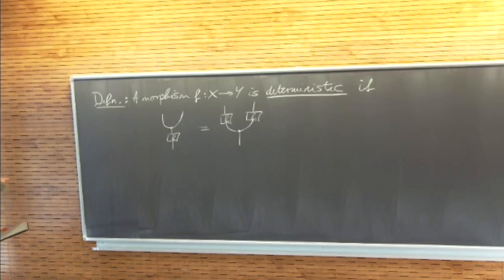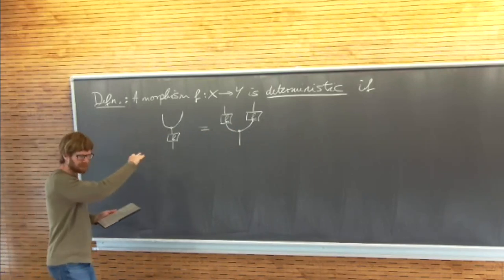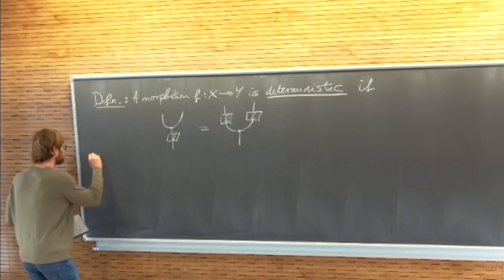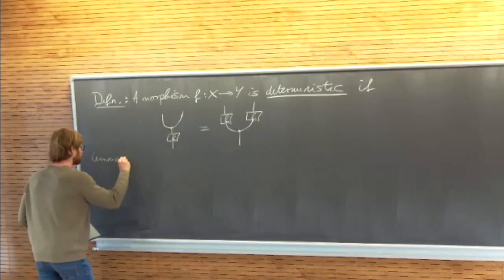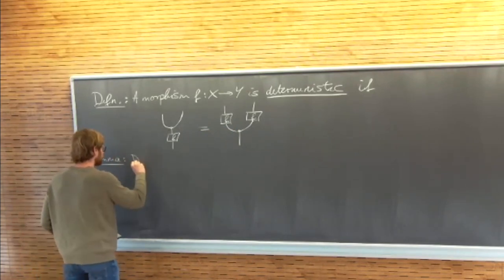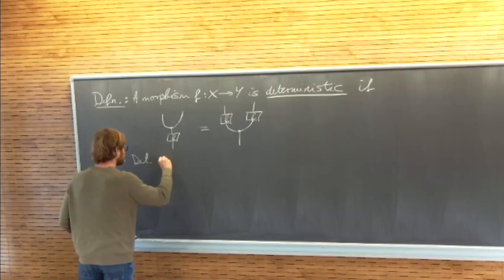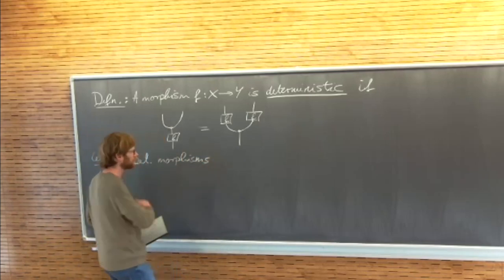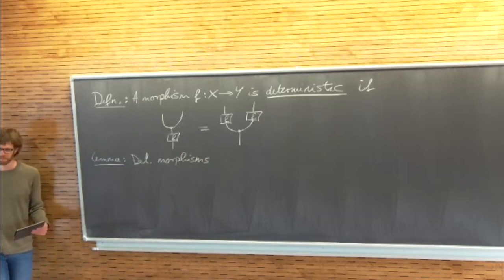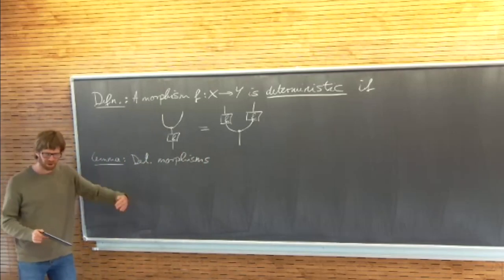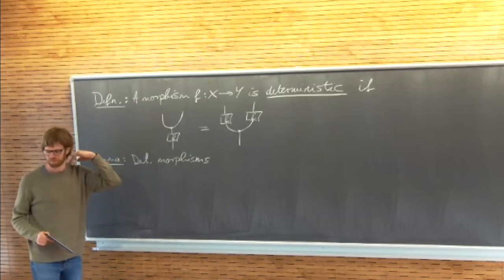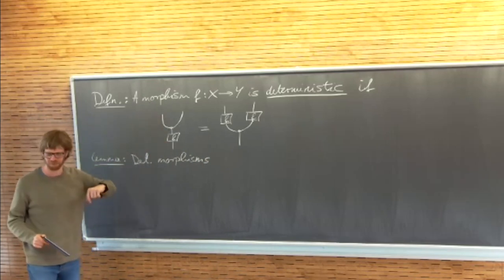Now we can do some simple proofs about this concept and prove a number of simple consequences. So this would be a first lemma: deterministic morphisms are in particular closed under composition. If I have an F and a G and I can compose them, then also GF is deterministic.